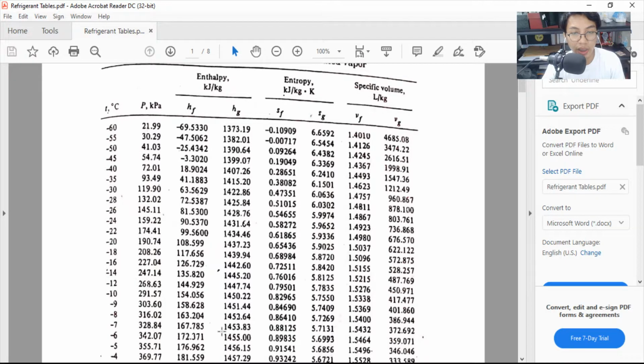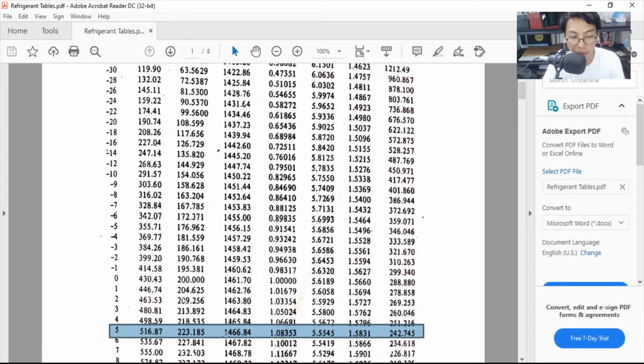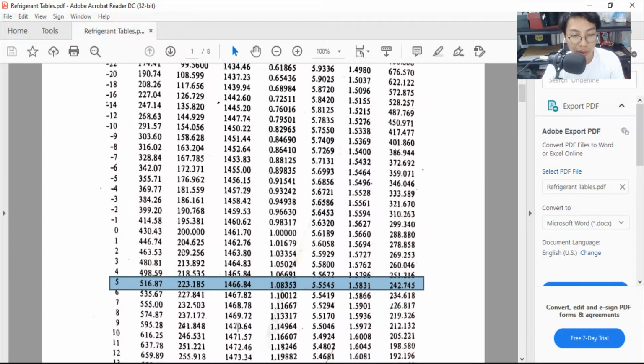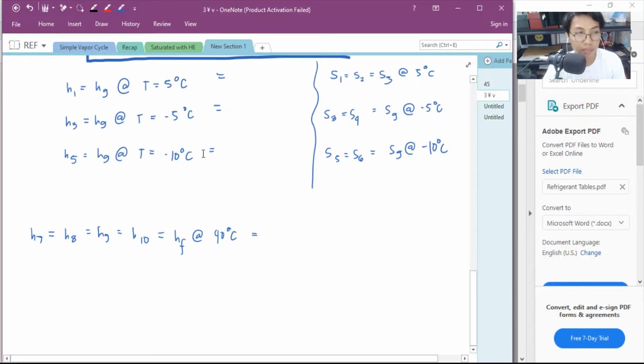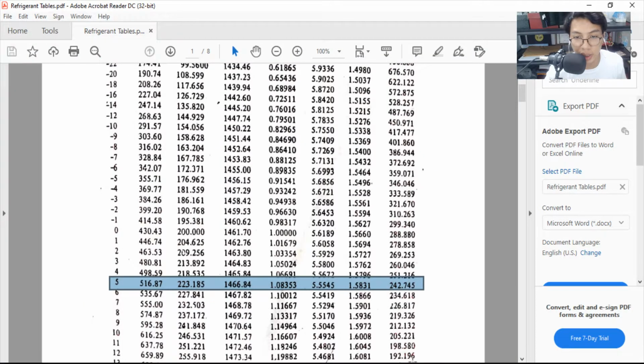Huwag natin kunin yung pressure. Hg, that is 1466.84 kilojoules per kilogram. Okay, yung S1 naman, Sg yan.